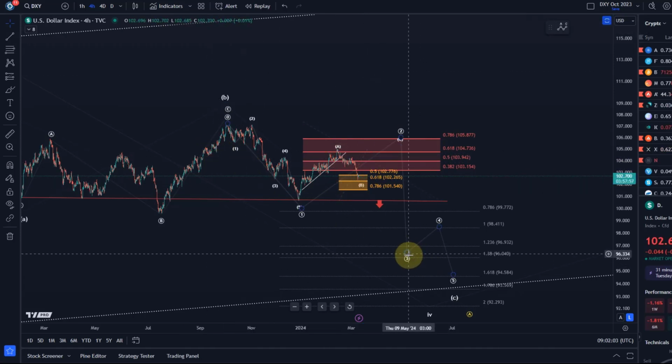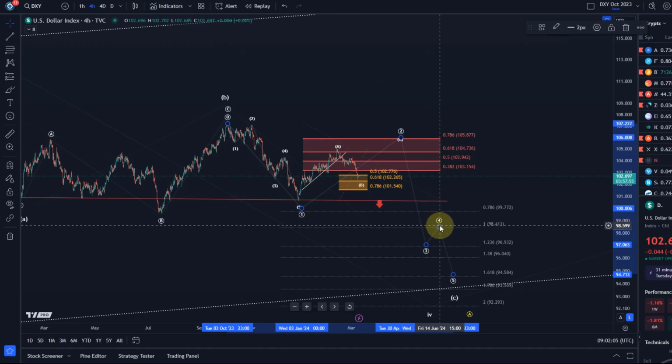That would be my short-term bullish alternative, in case we suddenly turn to the upside from here, break above that previous swing high that I mentioned, and then also take out the 15th of February high. We could then test $105.87.